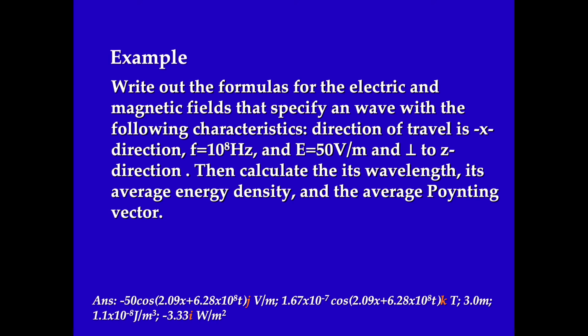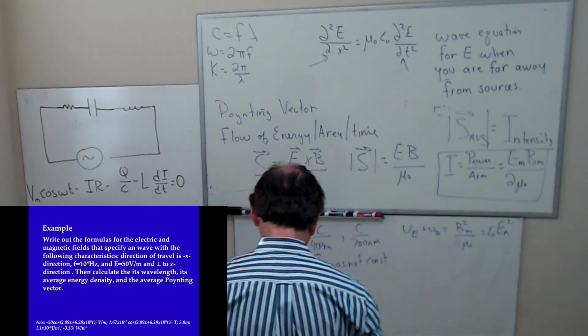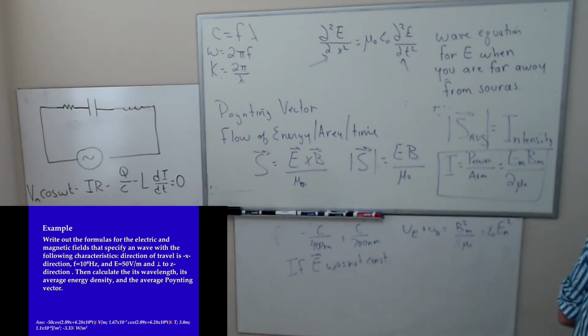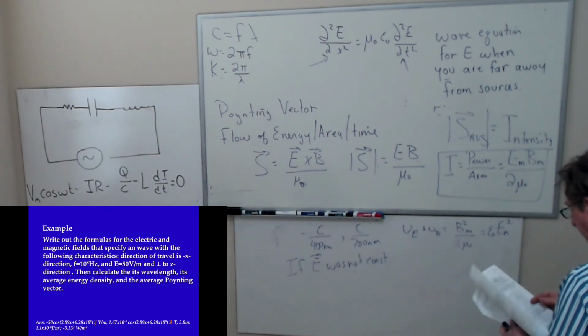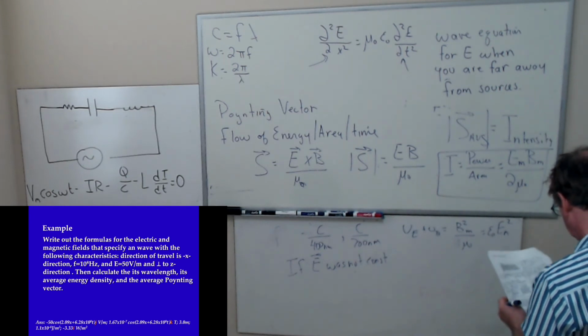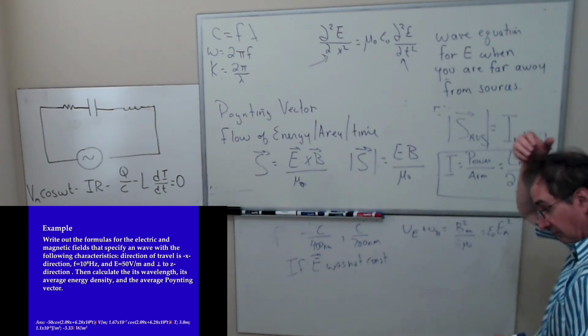Let's calculate the wavelength, the average energy density, the average Poynting vector. Okay? And I think I'm not going to go beyond this point in the chapter, just in the interest of time.